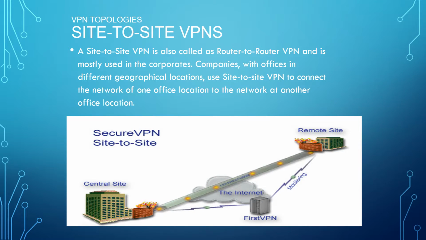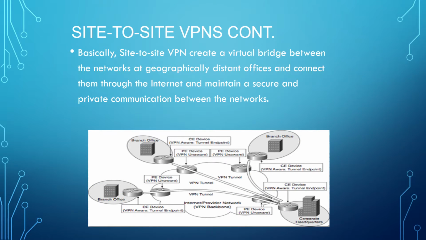The site-to-site VPN, also known as router-to-router VPN, is what corporations use to connect each office and have a secure line of communication between the two offices. Another representation, just like I said, is a bridge between two geographically separated offices that creates a private connection over the internet by using routers designed to make this connection possible and secure.